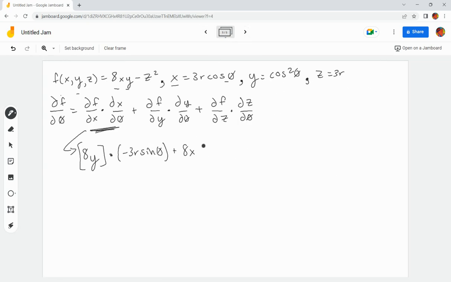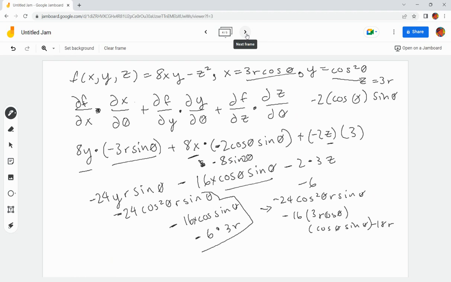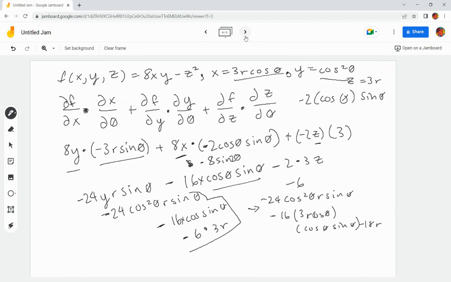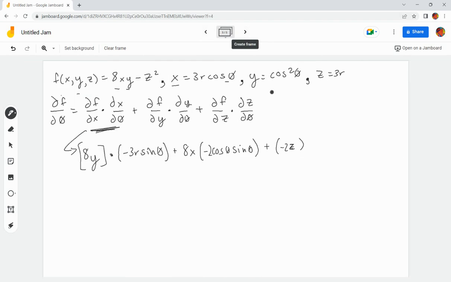Did I get 8x before? Yes, I did. And then over here, I get negative 2 cosine theta sine theta. And then over here, we get z, which is plus negative 2, yes, I did, kind of.